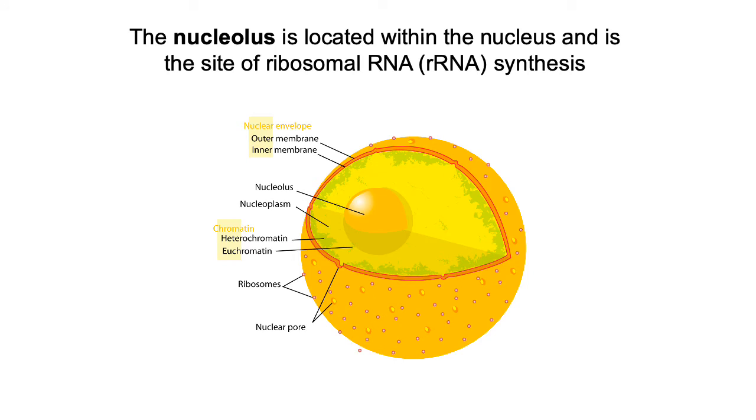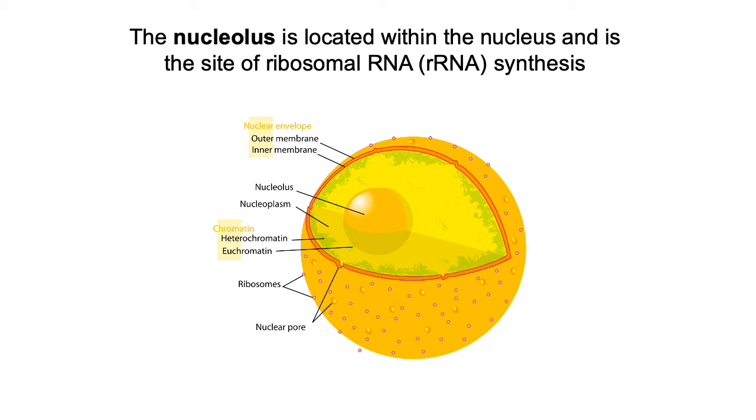And one other structure in the nucleus to be aware of is the nucleolus. So this is just another diagram of the nucleus, and what looks like an egg yolk in the middle is the nucleolus here. The nucleolus is inside of the nucleus. It's not a separate membrane-bound organelle or anything like that.